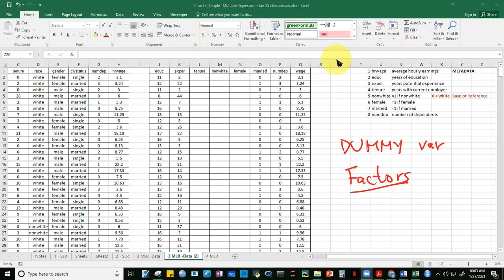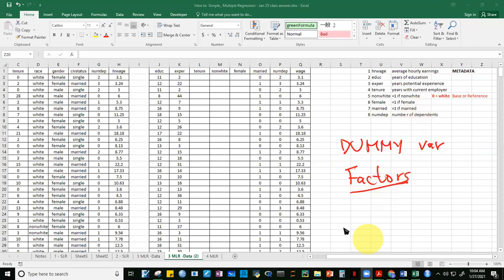Kay gender, ilan yung factor natin? How many? Yeah, correct. David, thank you. Dalawa, no? Thank you, Anton. Yes, correct. Dalawa. Bakit dalawa, guys? Kasi dalawa lang naman yung classifications natin. Okay, pag tatlo yan, then tatlong factors.